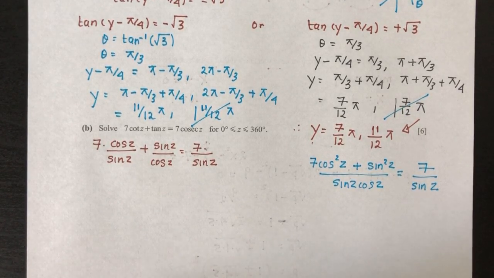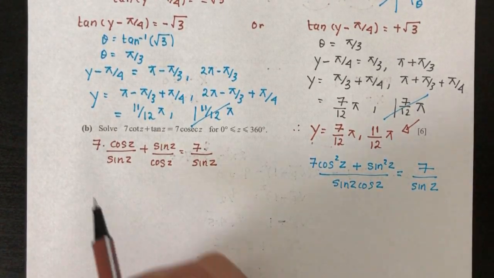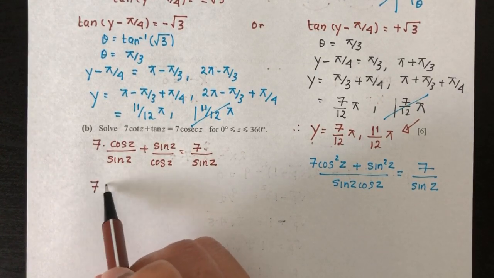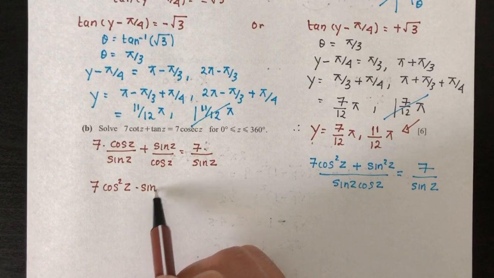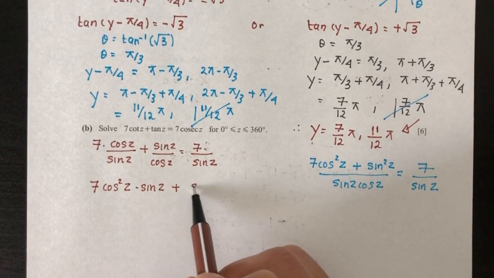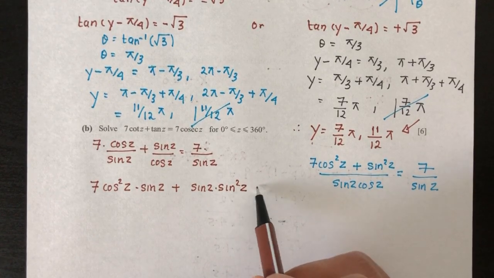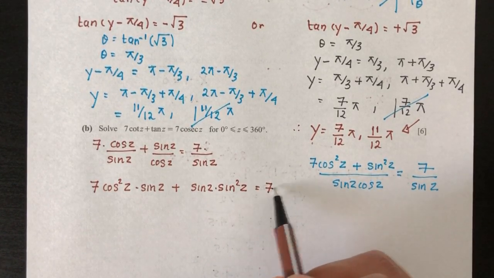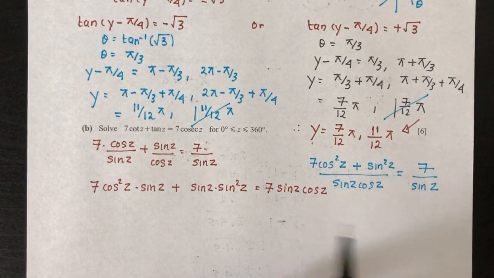Now let's see what can we do. In that case, the first reaction is to cross multiply. Let's do that. Cross multiply. You will have 7 cos square z times sin z plus sin z times sin square z equal to 7 sin z cos z by cross multiplying.